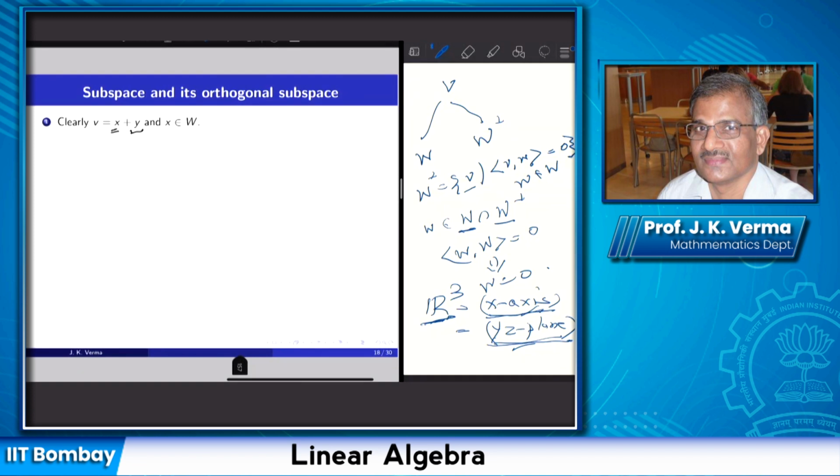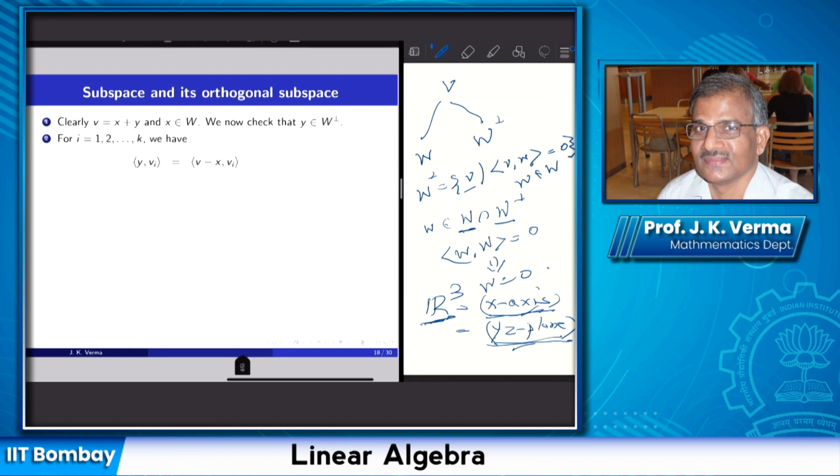That means we need to show that V minus x is perpendicular to every vector w in W. So let us do that: y belongs to W perp.